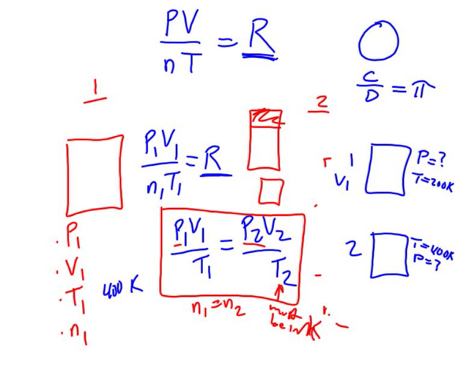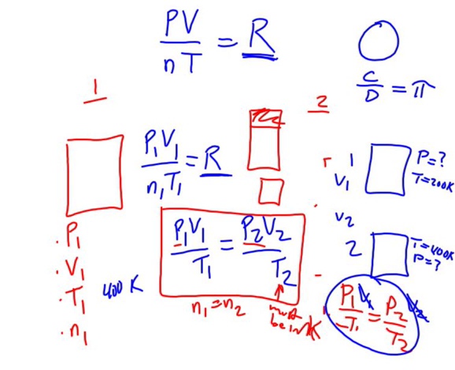Well, that would mean that V1 was equal to V2, and if that were the case, in this equation, I could cancel, and I could end up with P1 over T1 equals P2 over T2. In other words, because if V1 is equal to V2, they will cancel on both parts of this equation.